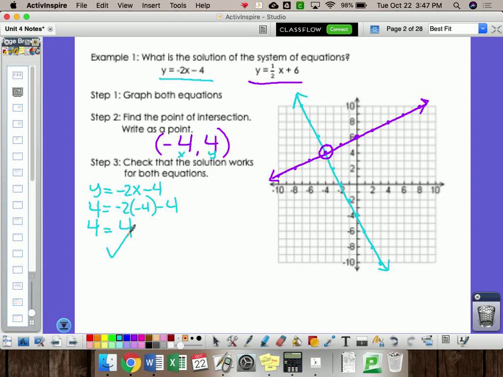But it has to work for both equations. So I'm going to plug that same (-4, 4) into my other equation of y = 1/2x + 6. So into the y is going to go positive 4, and into the x is going to go -4. So this side of the equation, again, should end up equaling the left side, which is positive 4.